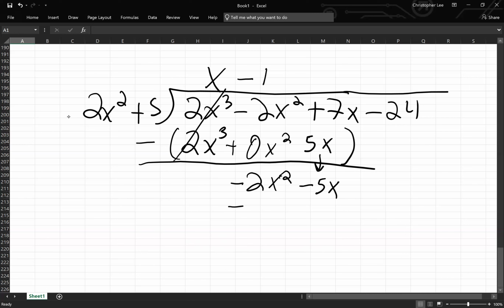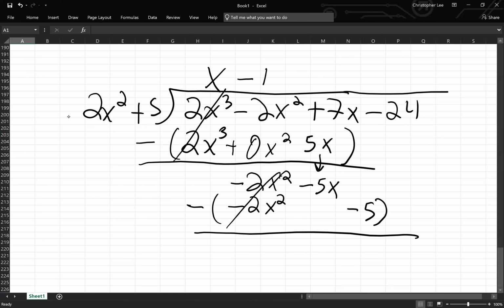Negative 1 times 2x squared is minus 2x squared. Negative 1 times 5 is negative 5. Remember, I'm going to subtract this. So negative 2x squared minus negative 2x squared cancels out. Negative 5x minus 0x is negative 5x. Right? And then I'm trying to think though, this is like different polynomials.